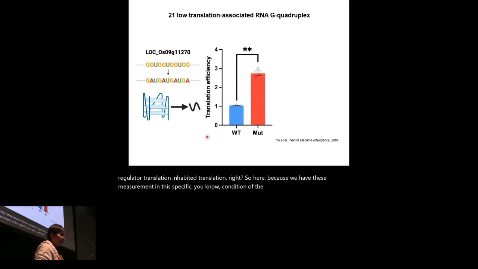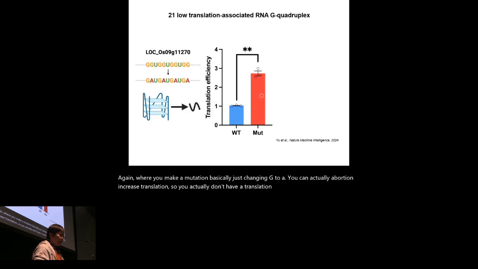Here, because we have these measurements in this specific condition of the plant, you can confidently identify 21 low translation associated RNA G-quadruplex motifs. When you make a mutation, basically just changing G to A, you can increase translation, so you don't have a translation inhibition.